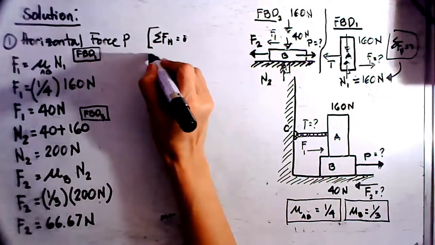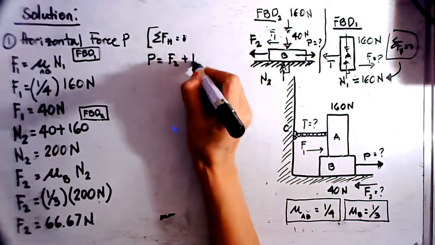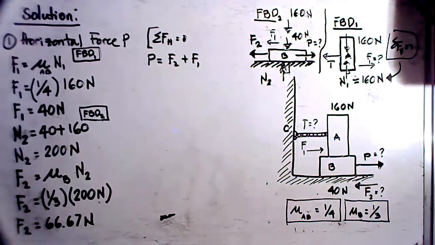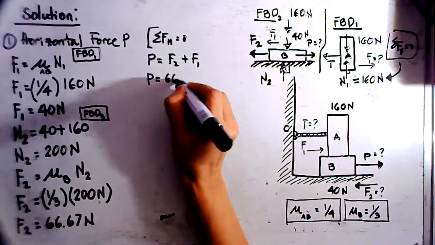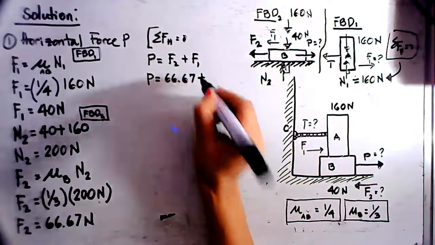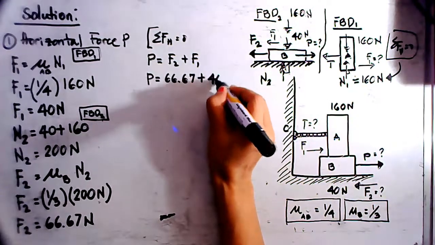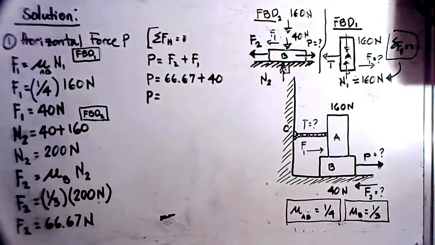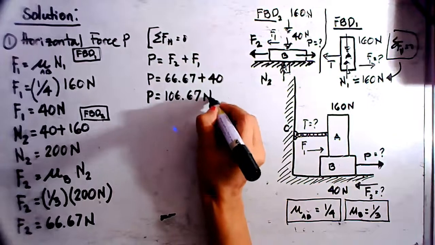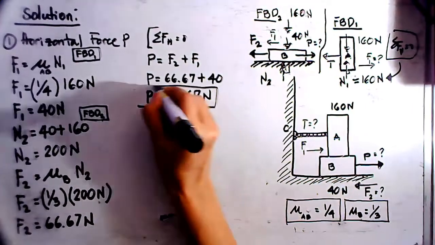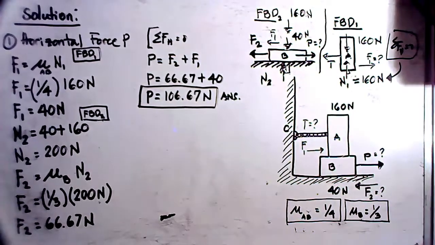Take note that P is equal to F sub 2 plus F sub 1. And you have P equal to 66.67 plus F sub 1, which is 40 Newton. So P is equal to 106.67 Newton. And this will be our answer for the first question.